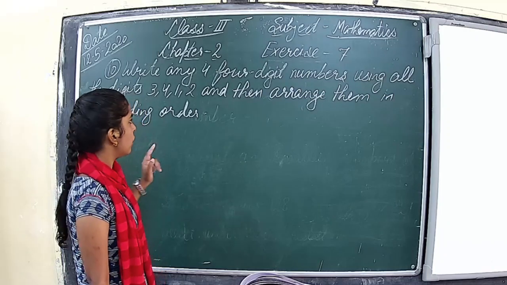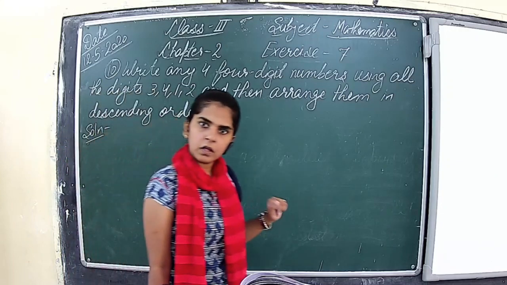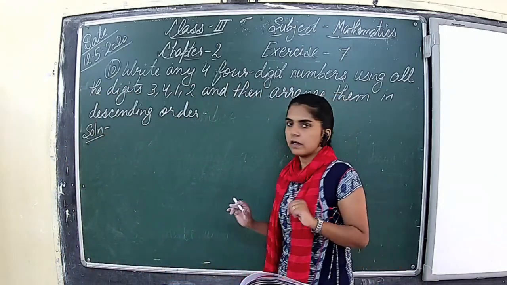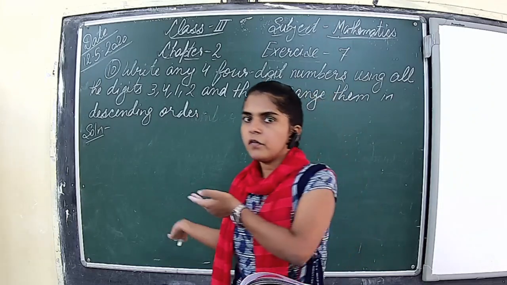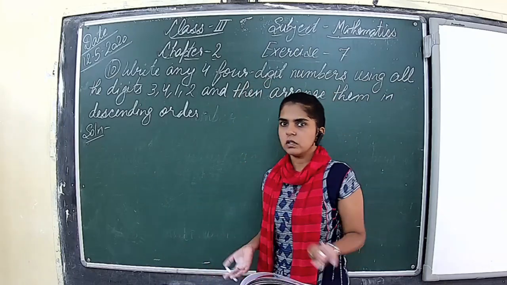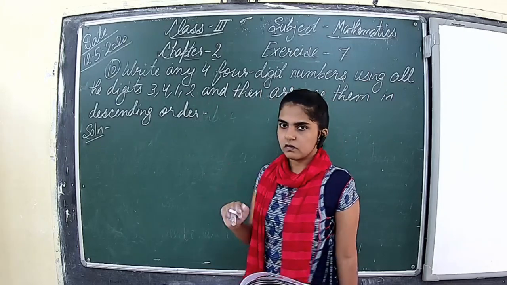After that we want to arrange the numbers in descending order. We want to arrange these numbers which we will form in descending order. So, you form your numbers, I will form here 4-digit numbers, okay? You will form your numbers. You can form any number by using these digits.